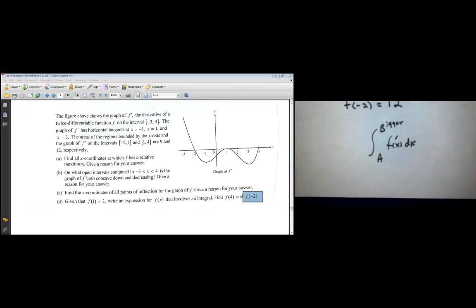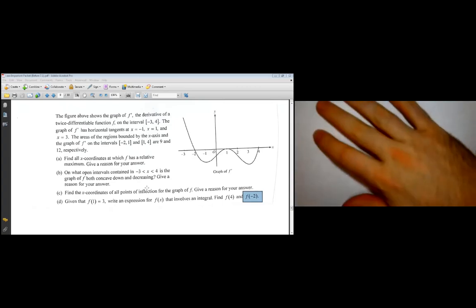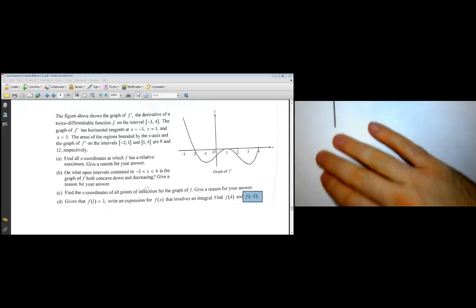Okay, then let's try an example. See how we do. Give me 1 second.